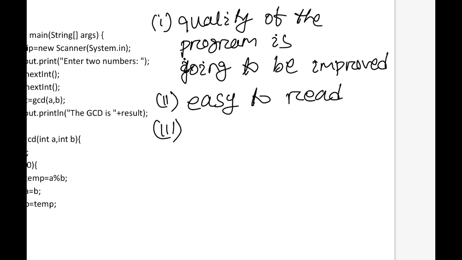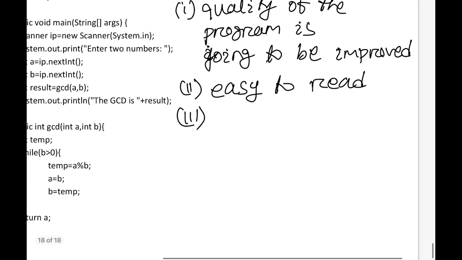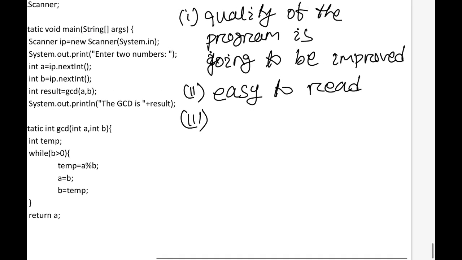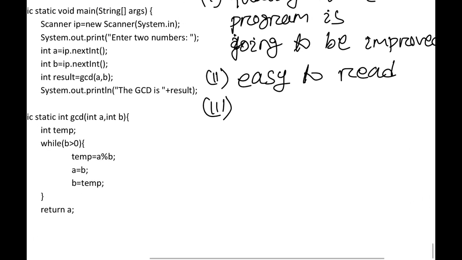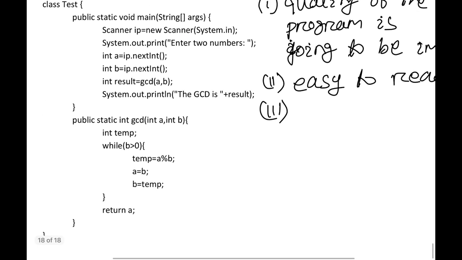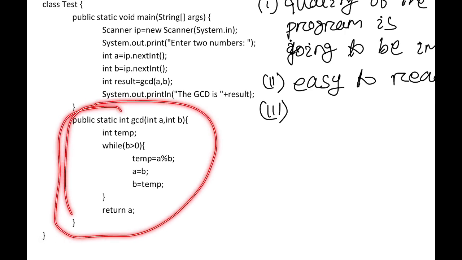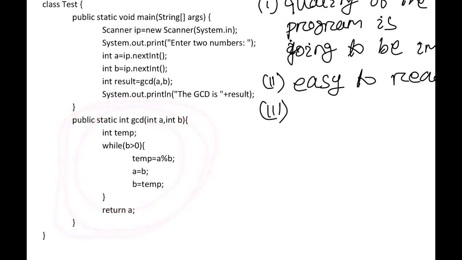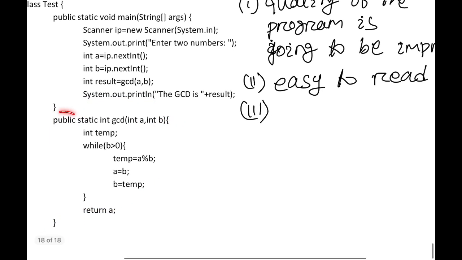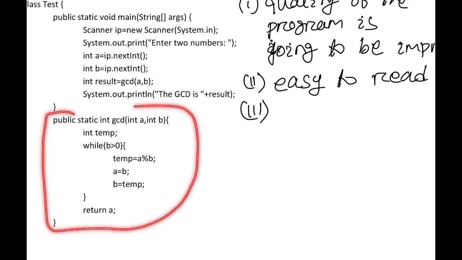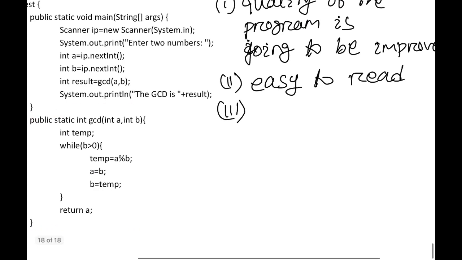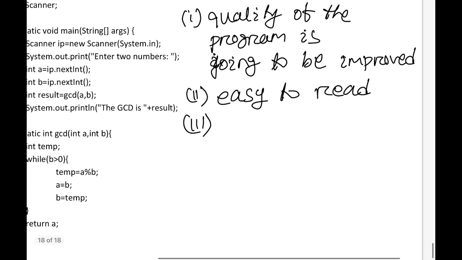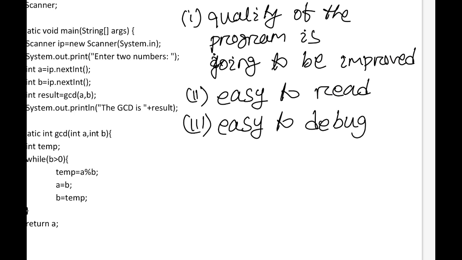Now the second one, the third one, the errors in computing GCD are confined to this part only. So it narrows the scope of debugging the errors, or we can say it is easy to debug the program.